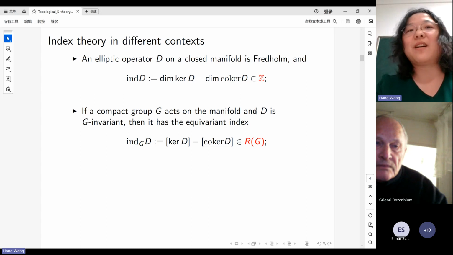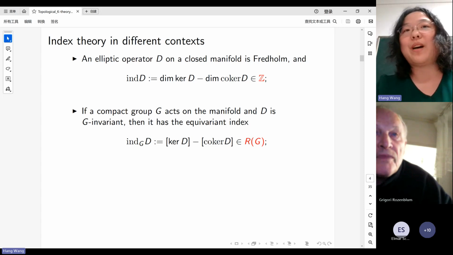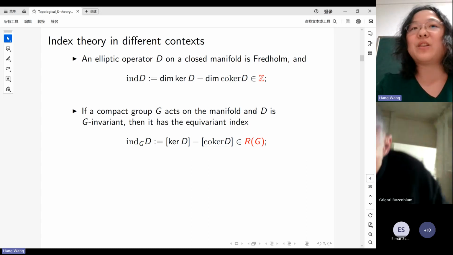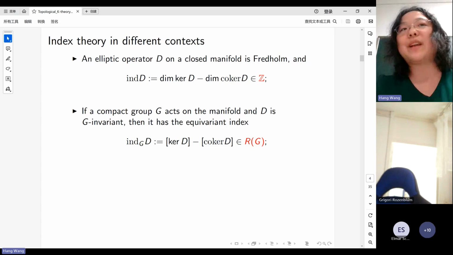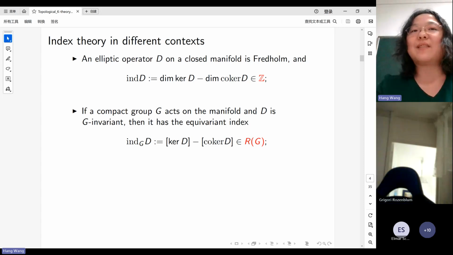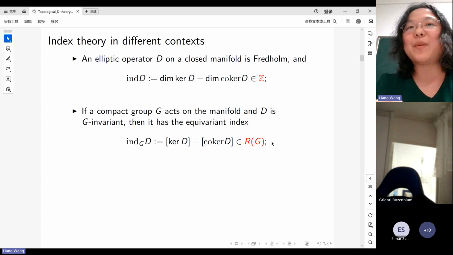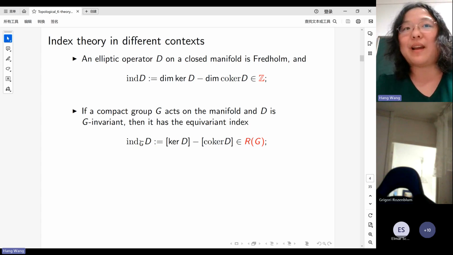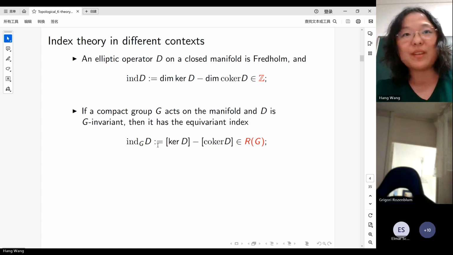In that case, the kernel and co-kernel of this operator would be finite dimensional spaces which are invariant under the G action. The formal difference of these two spaces can be regarded as an element in the representation ring of the compact group, and in that case, we call this the equivariant index of the elliptic operator.